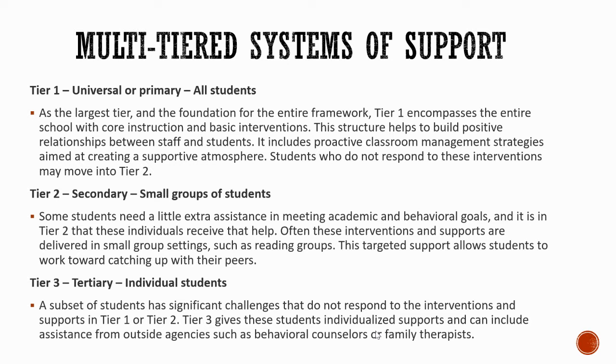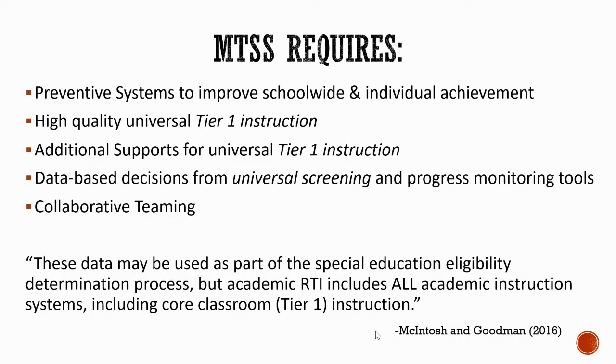This slide provides a review of the 3 tiers of MTSS. Take note that Tier 1 is the foundation for the entire framework. In their book, Integrated Multi-Tiered Systems of Support, McIntosh and Goodman make clear that MTSS requires high-quality universal Tier 1 instruction and that Tiers 2 and 3 serve to provide additional support.